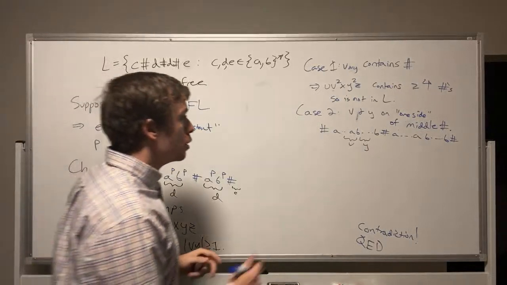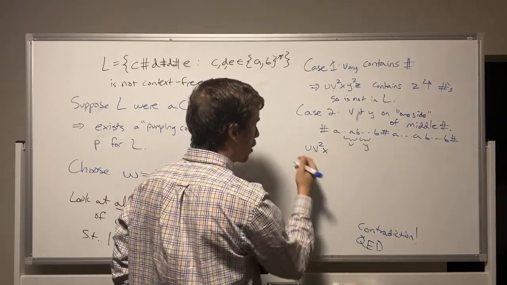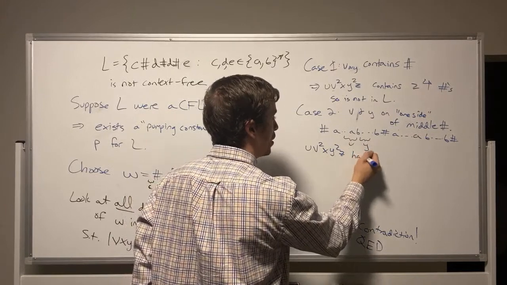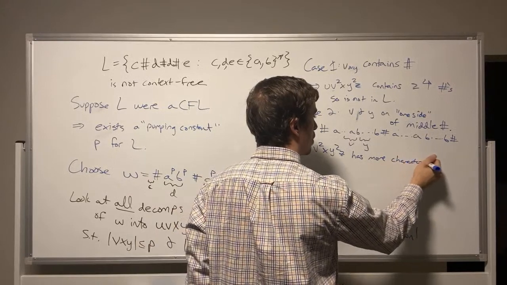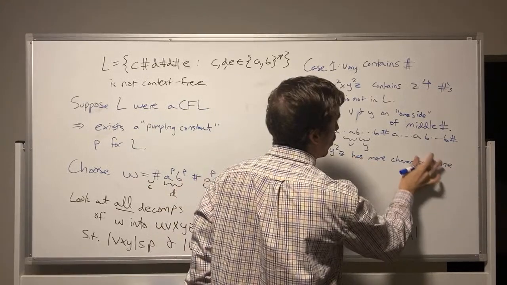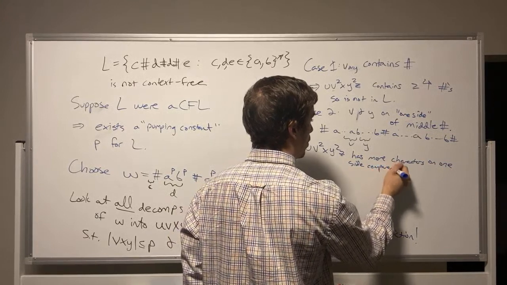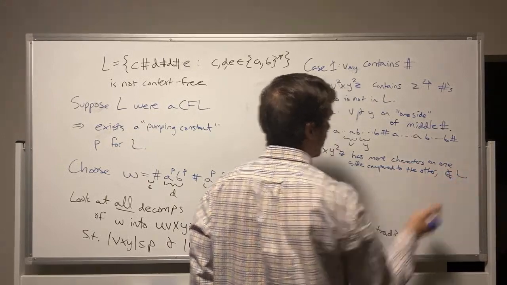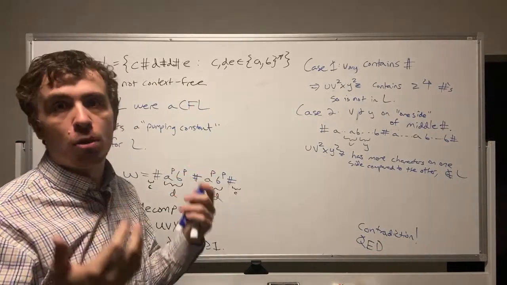So here, if we look at u v squared x y squared z, this has more characters in one run, I'll write it this way, on one side compared to the other. And so it's not in the language as a result. But that doesn't handle every single possibility, unfortunately.